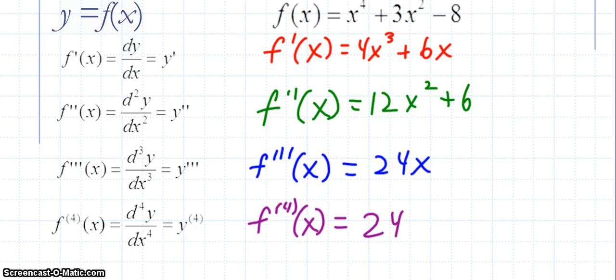But it's important to understand the relationship between these functions. So we talked about, and we'll talk about this again at the end of this video, the relationship between position, velocity, and acceleration. So that's with context. But even without context, we want to understand that, for instance, the third derivative right here is the first derivative of the second derivative, right?